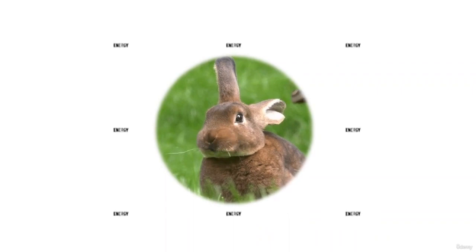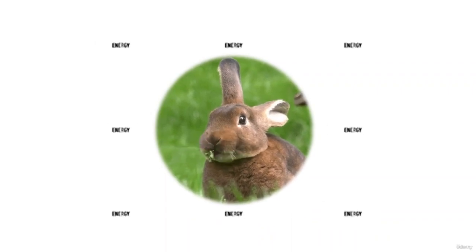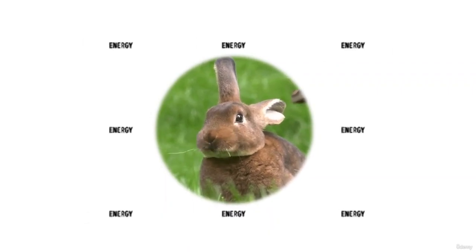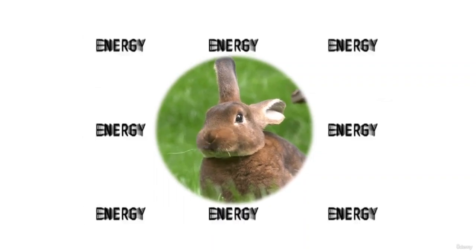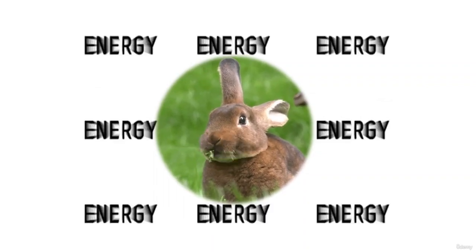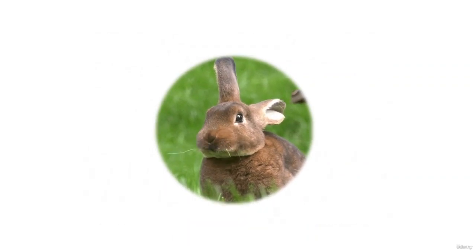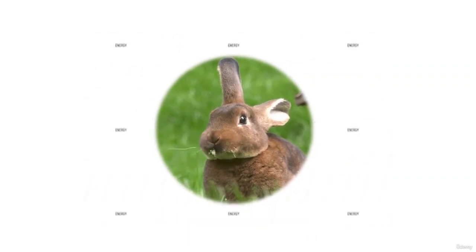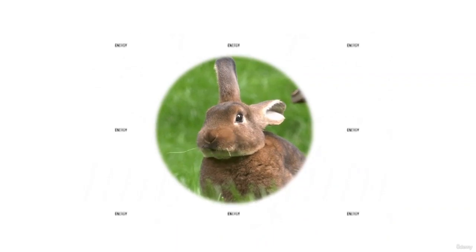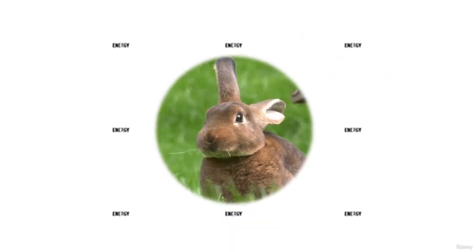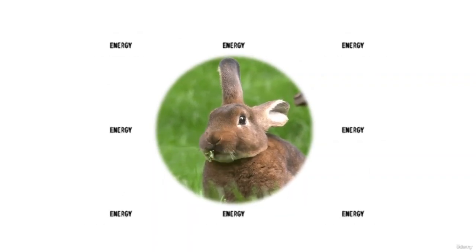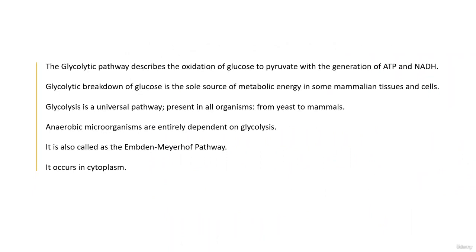So the glycolysis pathway is one of the pathways which cells use to transform sugars into energy in the form of ATP. The overall process is happening just to produce the ATP molecules so that the cells can use the ATP to do the basic functions. So what is the whole pathway?